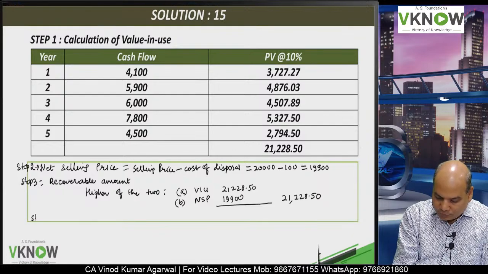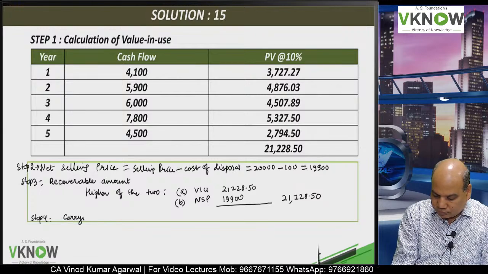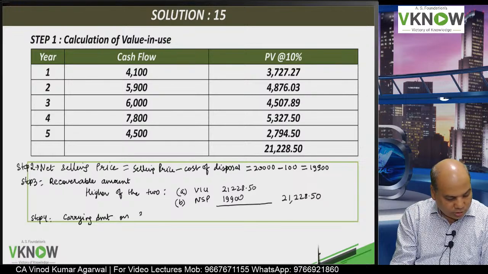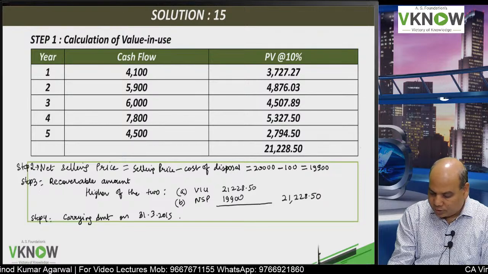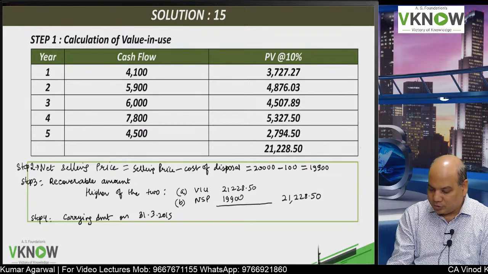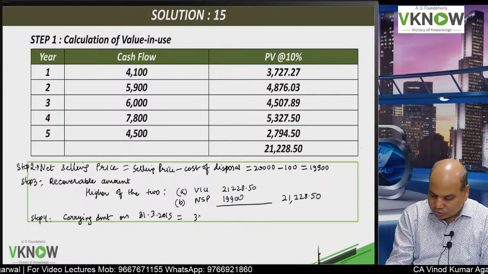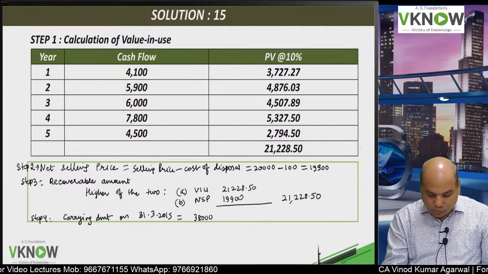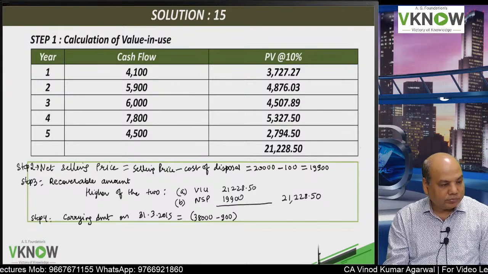And then step number 4, write down carrying amount on 31st March 2015. The cost of the asset is 38,000 lakh. Estimated residual value is 900.